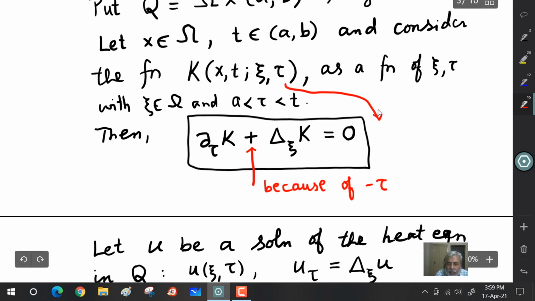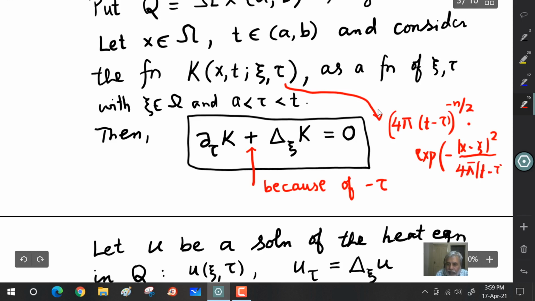So this is 4 pi (t minus tau) to the power minus n by 2 into exponential of minus |x minus xi| square over 4(t minus tau), and I am differentiating with respect to tau, so there is a minus tau here, and that makes this plus.